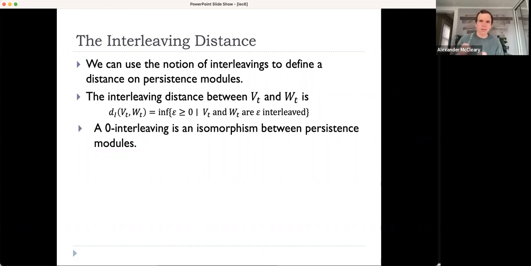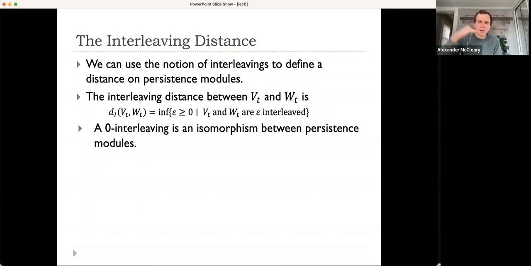So that's very nice, right? It tells us that if two persistence modules are zero interleaved, then they're actually just isomorphic. So you can think about this interleaving condition as being a relaxation of isomorphism. Right? If they're isomorphic, the distance will be zero.